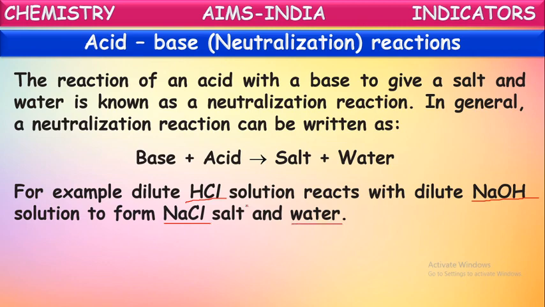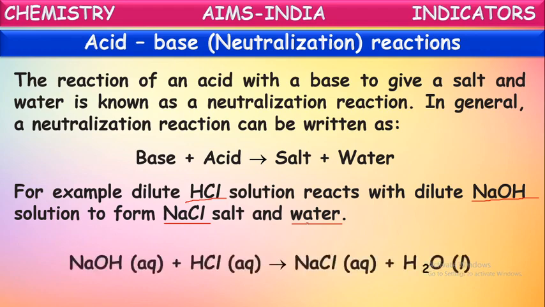Acid and base reacting together to form salt and water. These reactions are generally called neutralization reactions. Acid is neutralized with base. So this we can show as an equation like this: base reacting with acid to form salt and water.